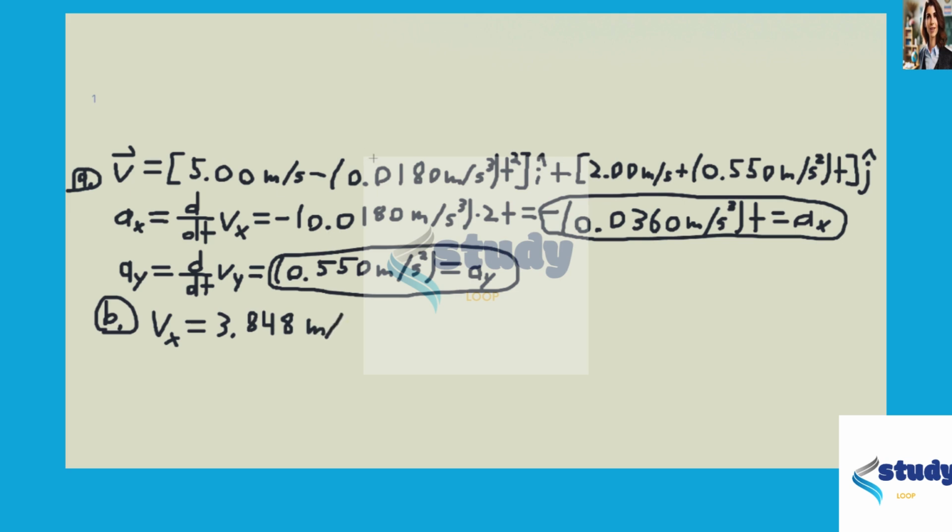Again, all I'm doing is plugging in t equals 8 in the i component here. So that gives me vx. I'll do the same thing for vy. For vy, I'll look at the j component here, and I'll plug in t equals 8, and that gives me the result for vy at t equals 8. So I'm going to get vy equal to 6.40 meters per second.